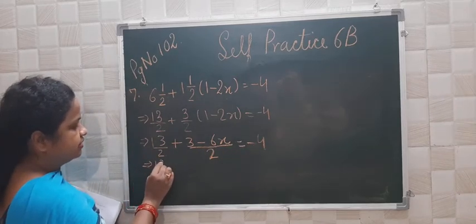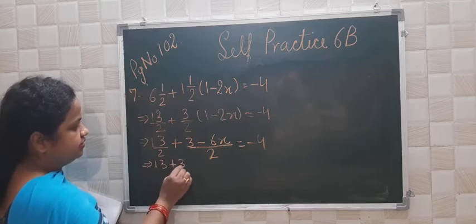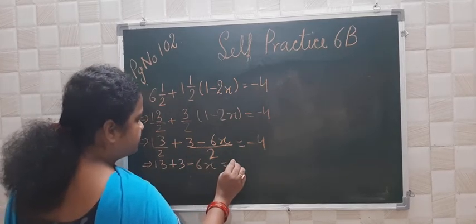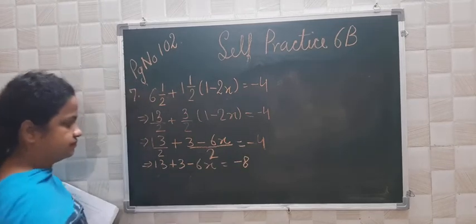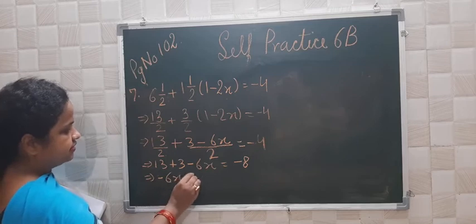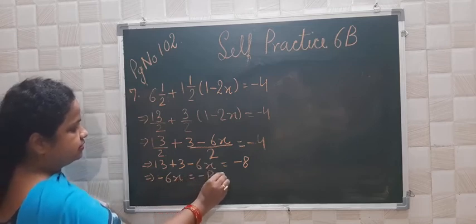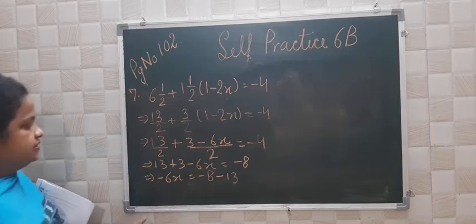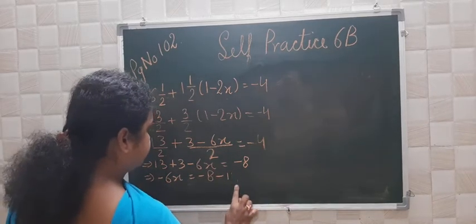So it will be 13 plus 3 minus 6x and 4 2s are minus 8. So you will have it here minus 6x is equal to minus 8 minus 13 minus 3, that is 16.